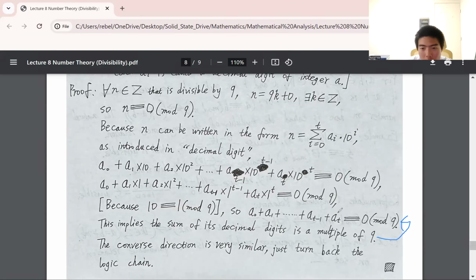And because 10 is congruent to 1 modulo 9, we can replace 1 by 10, and we get this one. So n is congruent to 0 modulo 9, and n is divisible by 9. So we're doing a vice versa process to complete the if and only if statement.